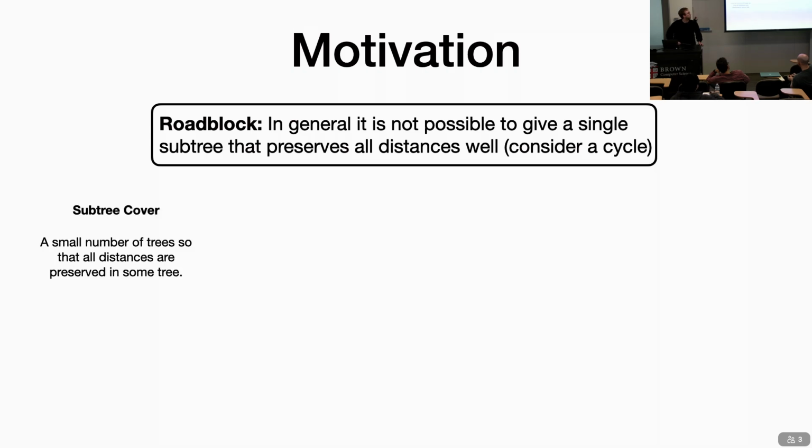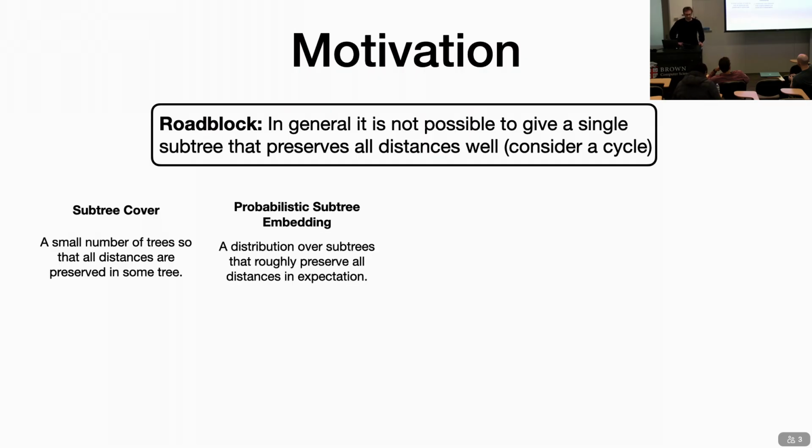So to get around this, we have different notions of subtrees that are actually useful. One is called a subtree cover. So that's just a small number of trees so that all distances are preserved in at least one of the trees. There's also probabilistic subtree embeddings. Here you want a distribution over subtrees so that in expectation the distances are preserved. There's also Ramsey trees.